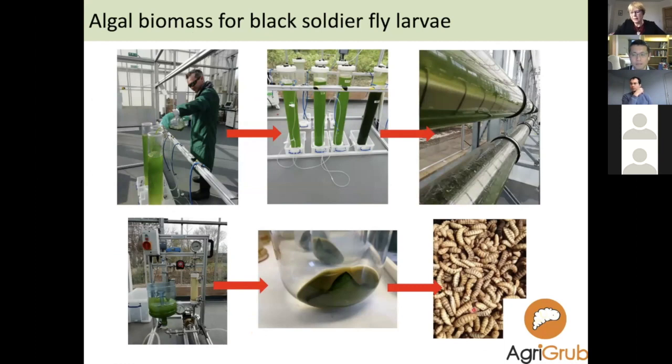And we've been able to show that we can substitute the other nutrients with algae, and the grubs grow very well and as effectively as with the defined medium that was being used before. And we're now in the process of trying to determine whether the vitamin content, which we think this algal biomass contains, is passed through into the grubs and then ultimately to animal feed.